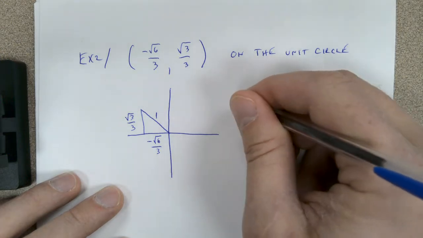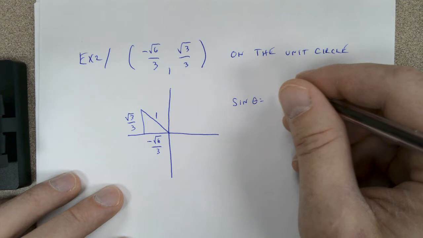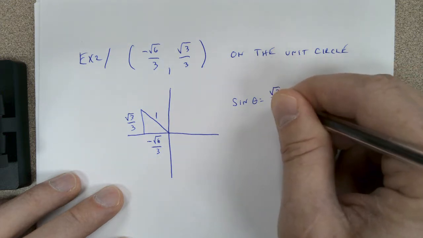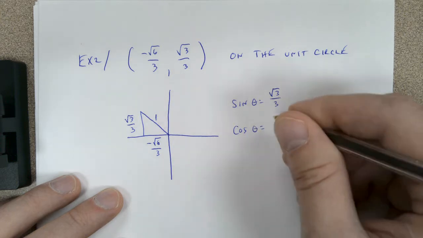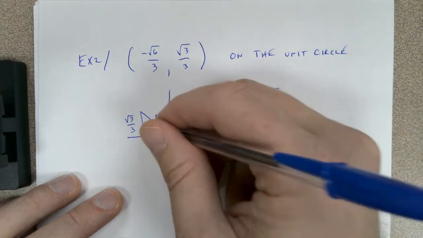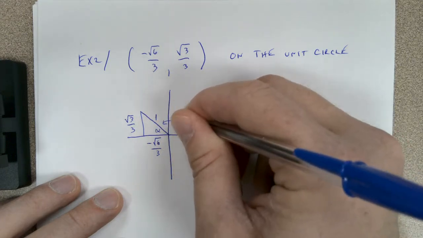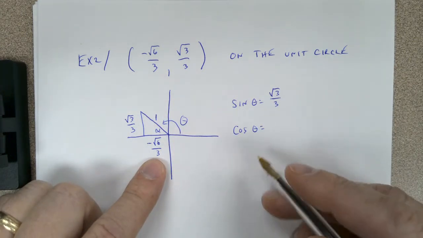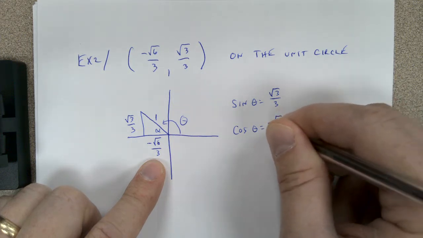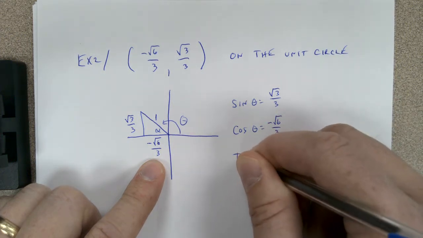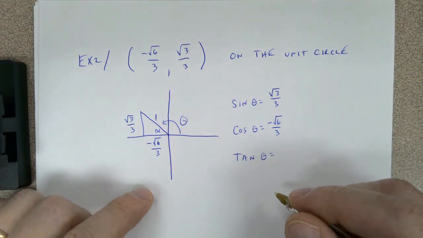If I find my 6 trig functions, so sine, opposite over hypotenuse, it's going to make that radical 3 over 3. My cosine theta is the adjacent over the hypotenuse, which again, we're saying that this is alpha, this is theta. So adjacent over hypotenuse is just going to be simply negative radical 6 over 3. If I do the tangent, remember it's going to be y over x.